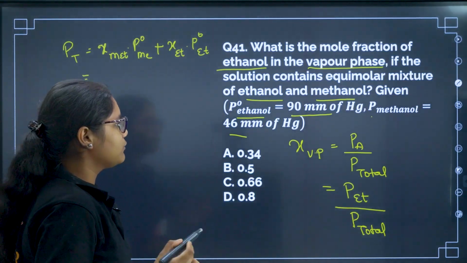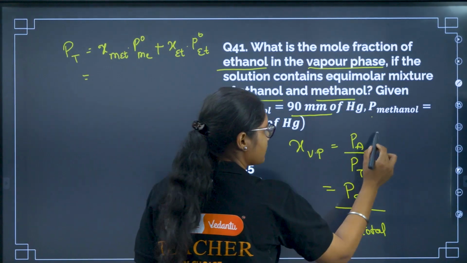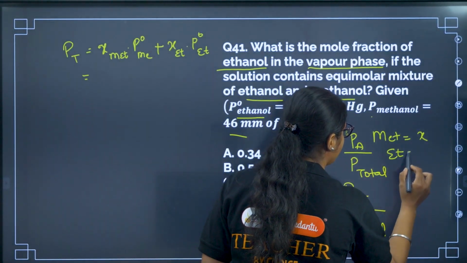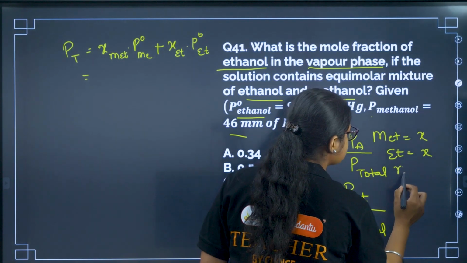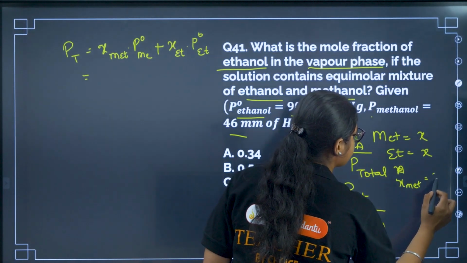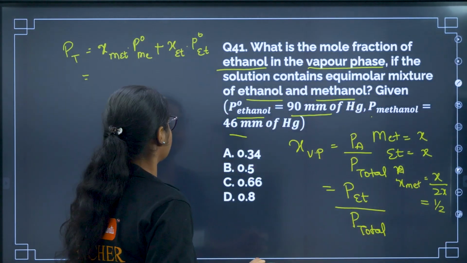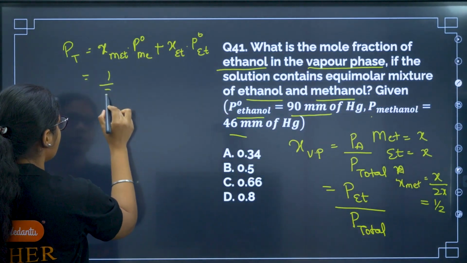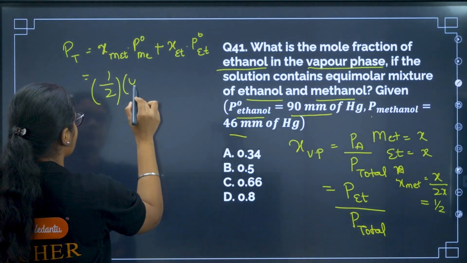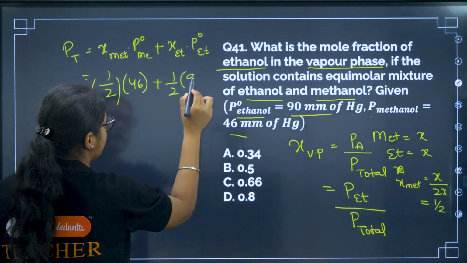So if both are equimolar, let's, for example, take methanol as x mole and ethanol also x mole. Then what is the mole fraction? Mole fraction of methanol will be x by 2x, that is half, right? Similarly, both will be half. So I can write here 1 by 2 into, what is the P naught of methanol? 46, plus 1 by 2 into ethanol, which is 90.